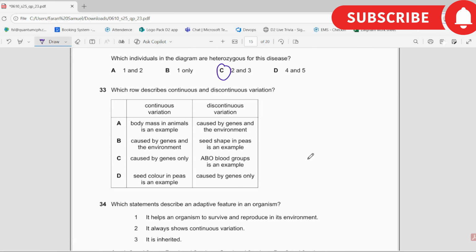Yes, we should describe continuous and discontinuous variation. Okay, this one is simple. Caused by genes. And what about continuous?